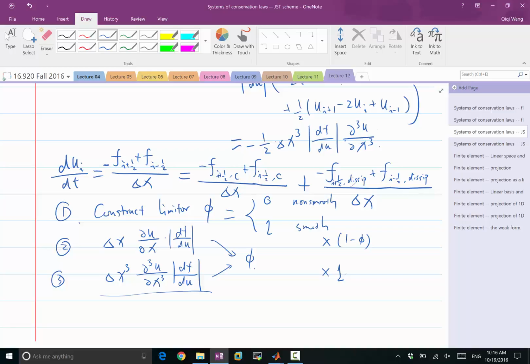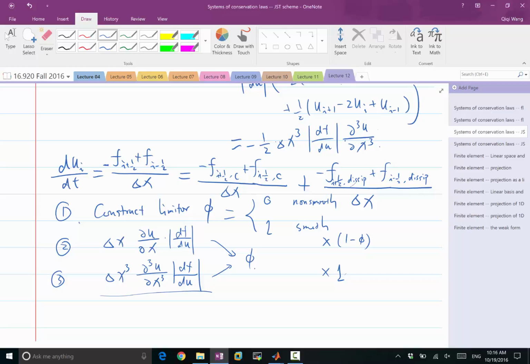And it constructs a second order and fourth order dissipation and performs a linear combination of them, turning the second order on and off according to the value of the limiter. So this is the most advanced material we are going to go into in finite volume schemes.